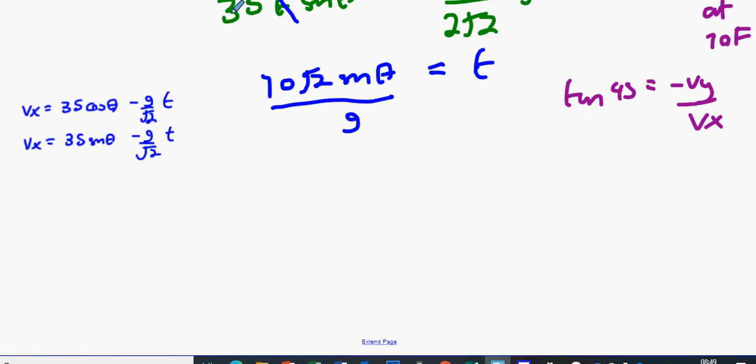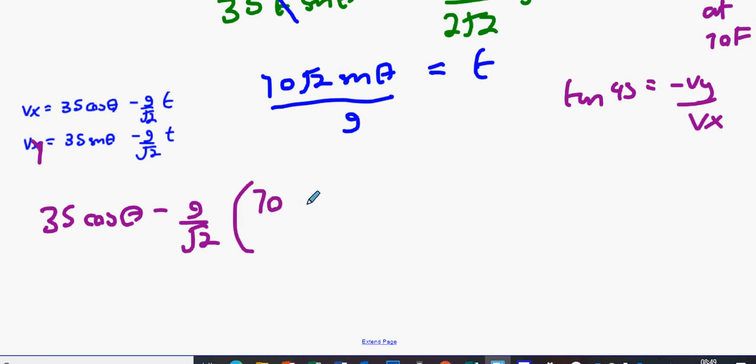Insert it into Vx and Vy. Okay. So we're going to get 35 cos theta minus g over root 2 times 70 root 2 sine theta over g.